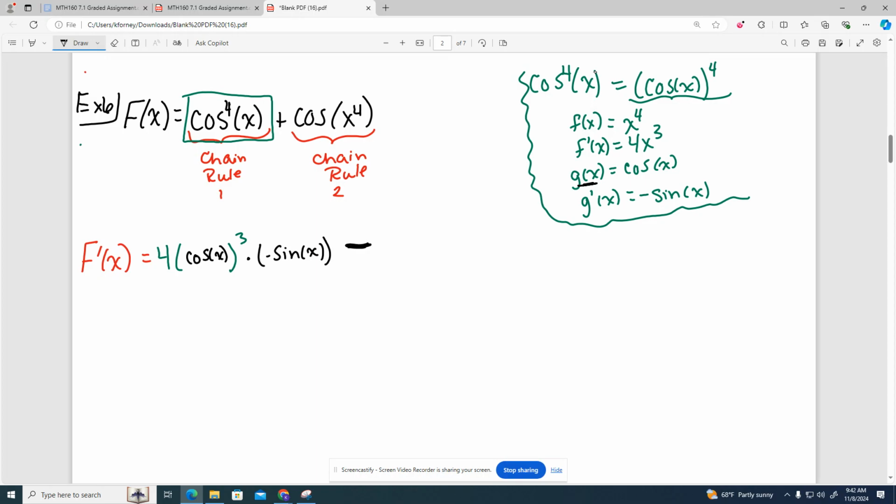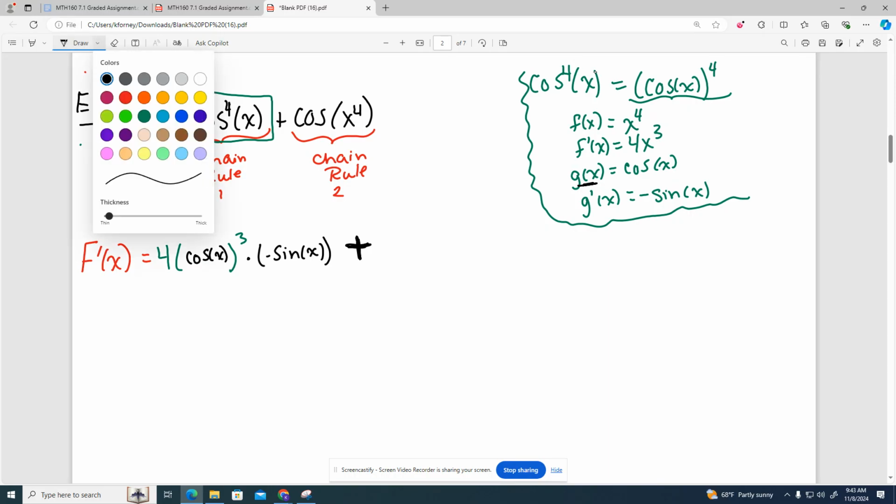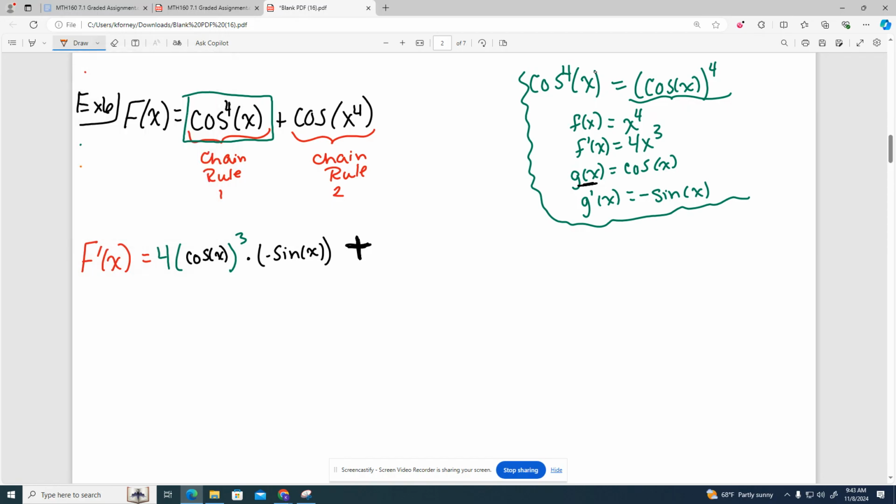Then I'm going to have a plus sign here. And we're going to do the chain rule for this.